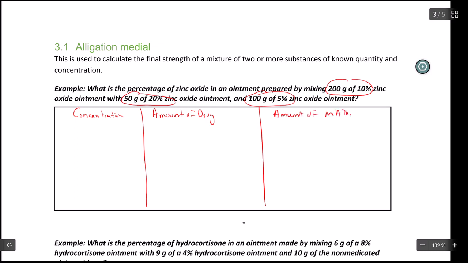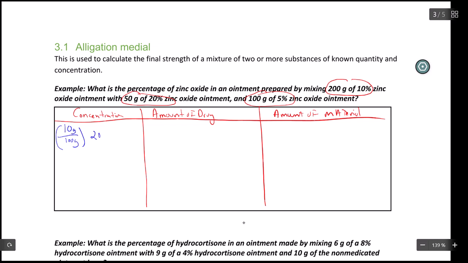So let's take the first one. It's 200 grams of a 10% zinc oxide ointment. So let's write the concentration, which is 10 grams per every 100 grams. 10% means 10 grams out of 100 grams. And I've got 200 grams.